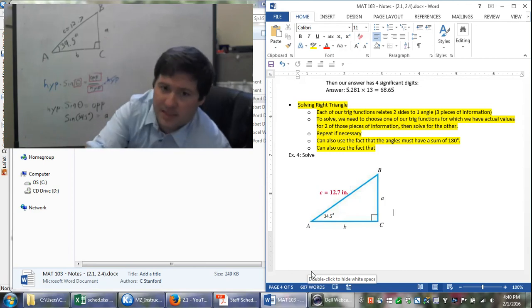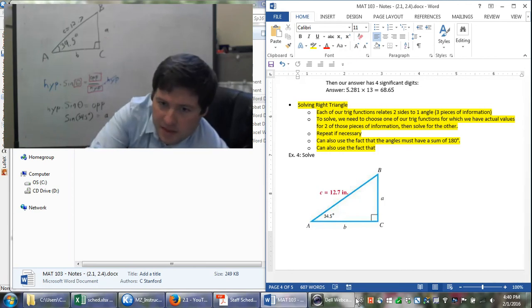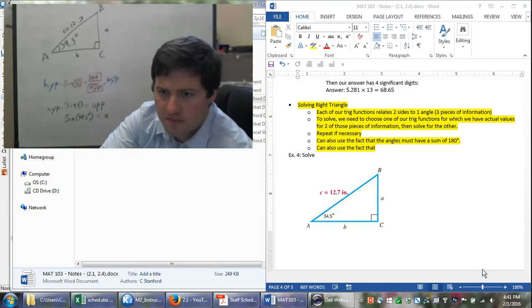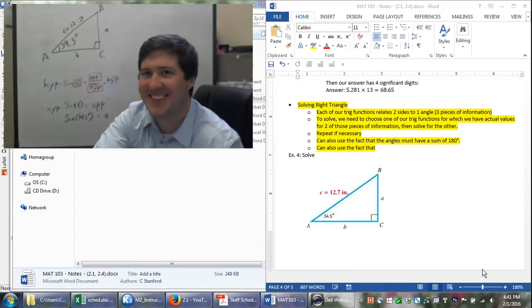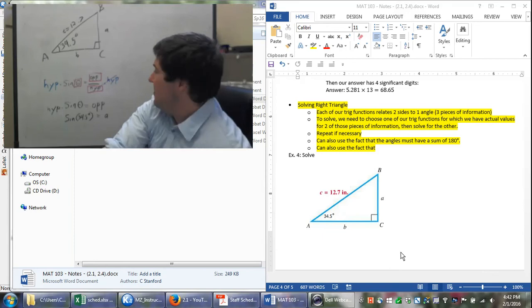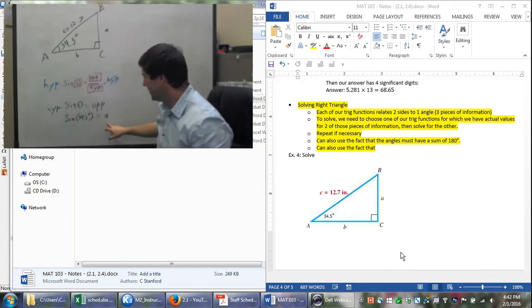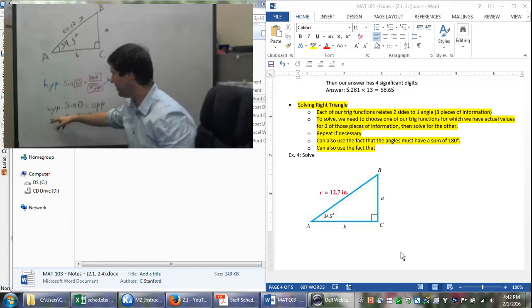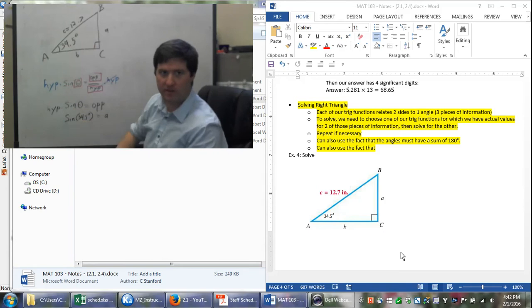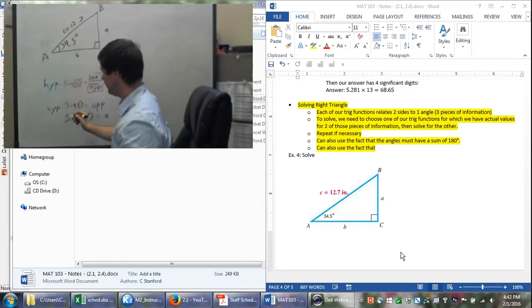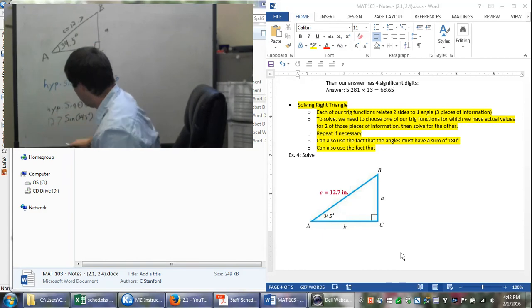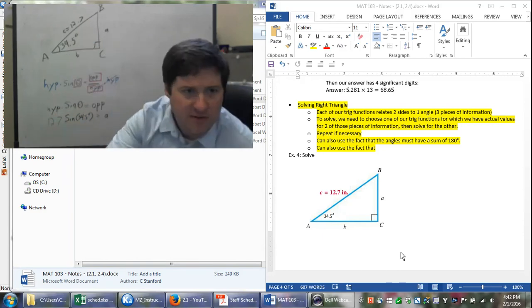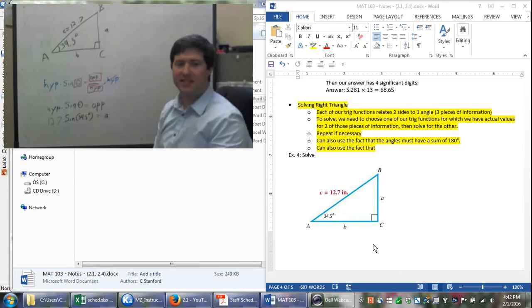So for example, if I wanted to solve it for the opposite side, I could do that really easily. I'm dividing my opposite side by the length of the hypotenuse. So if I multiply both sides by the length of that hypotenuse, look at that, it canceled out my hypotenuse.